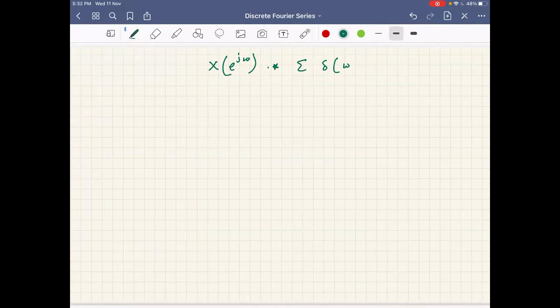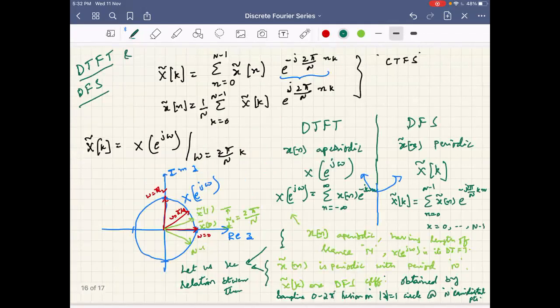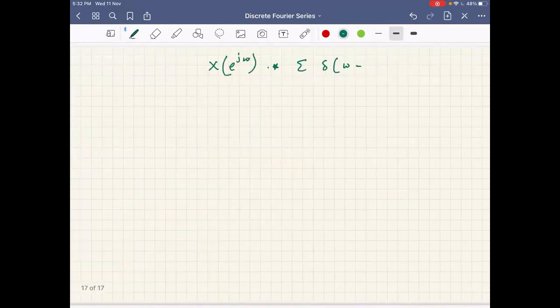Each of the unit impulses here, the unit sample sequence in frequency domain, are separated by 2 pi by N into k, right?